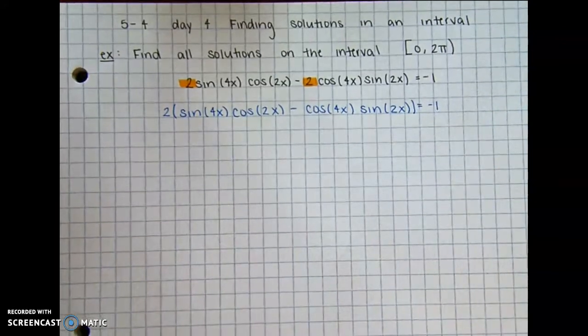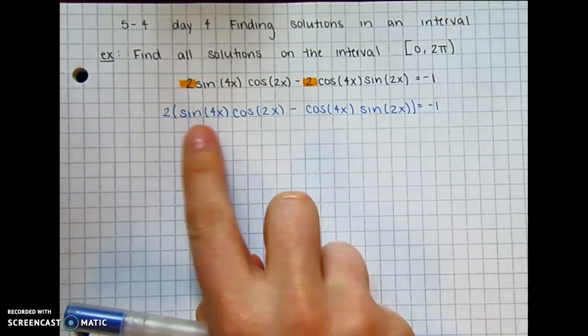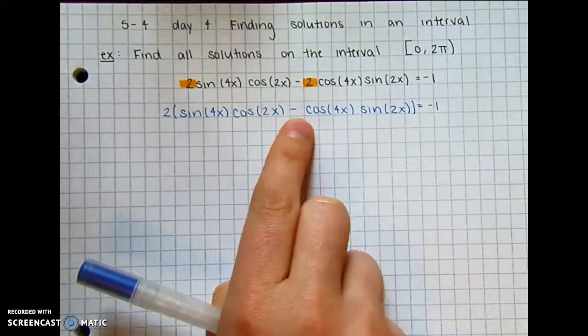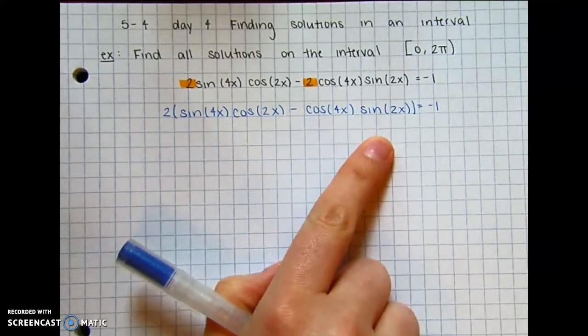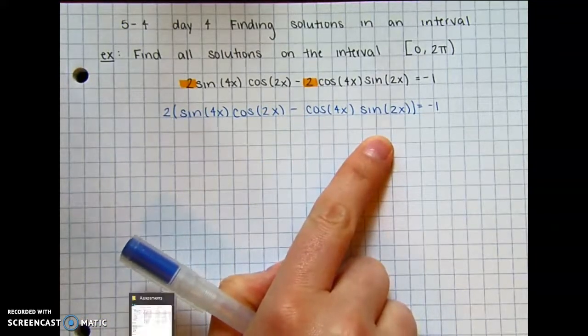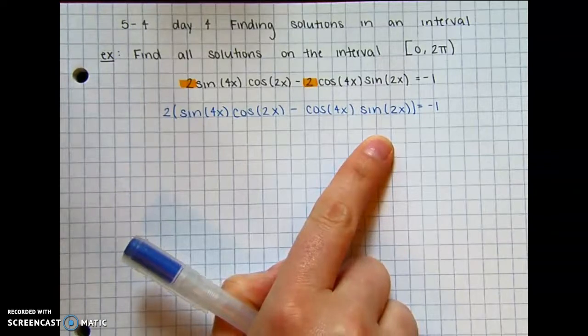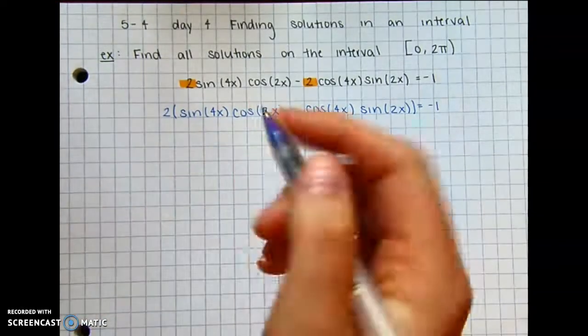Alright, and then because we have sine cosine minus cosine sine, this is the difference identity for sine.